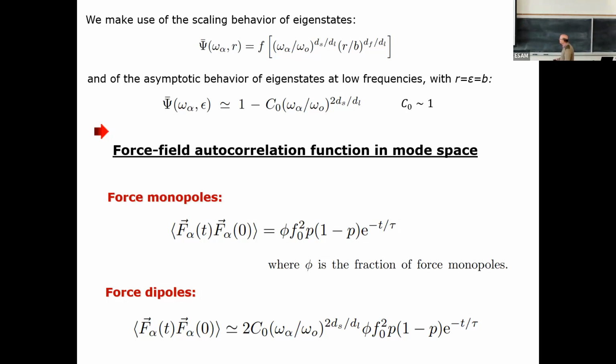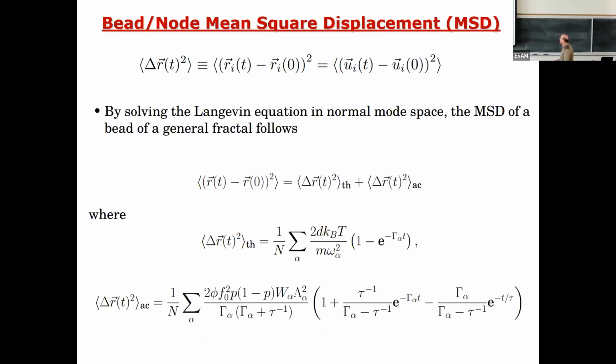For force monopoles, the autocorrelation function in normal mode space looks like that. And for force dipoles, there is some prefactor depending on frequency. That's what you get. And then you can calculate the MSD in D dimensions.